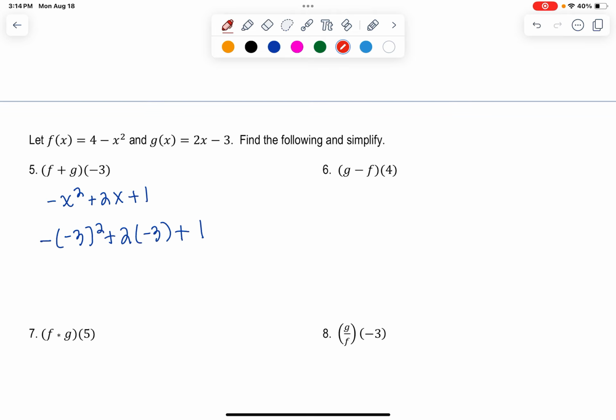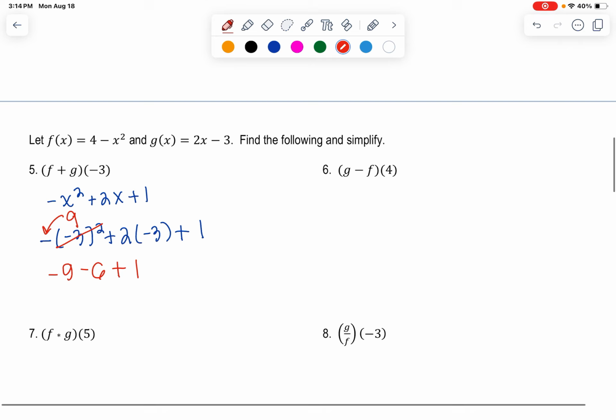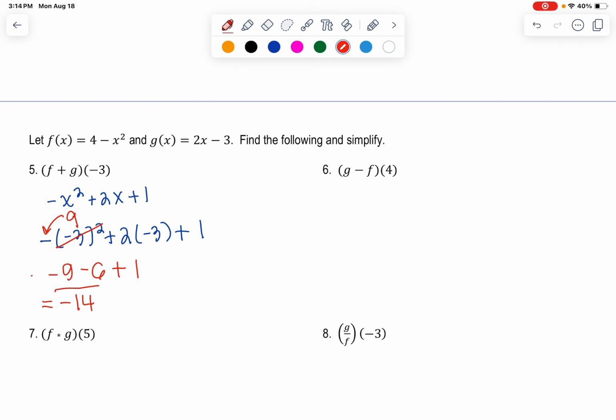Negative 3 squared is 9. Then I have to multiply it by negative 1. So that's negative 9 minus 6 plus 2. So that's negative 15 plus 1, which is negative 14. So this is negative 14. Okay, so that's one way of doing it.